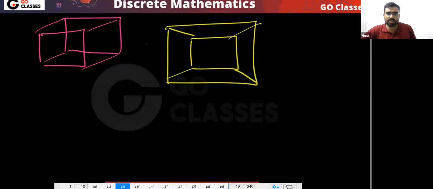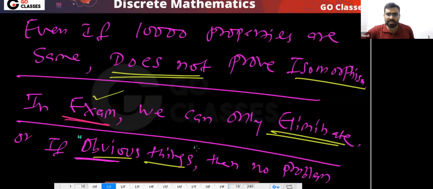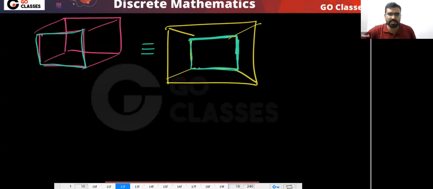Why are these two structures isomorphic? See, if you notice, this front is the same as this. This is your front, and this is your back. So basically, they are the same. Very simple. So in the GATE exam, if they give you obvious things or small graphs, then there is no problem.